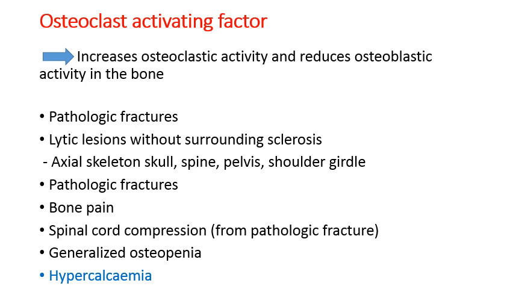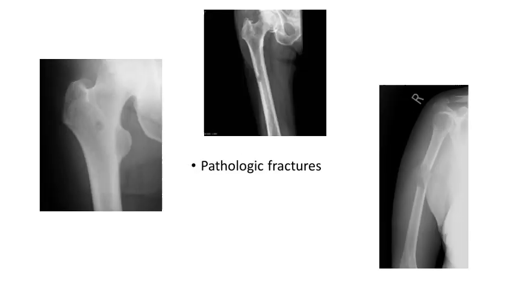And then a pathological fracture in the vertebral column can sometimes cause spinal cord compression, a complication of myeloma, and then generalized osteopenia. The increased osteoclastic activity can also cause hypercalcemia, as calcium is released into the circulation.